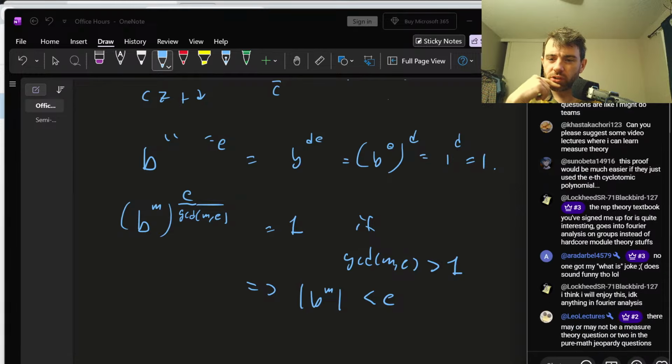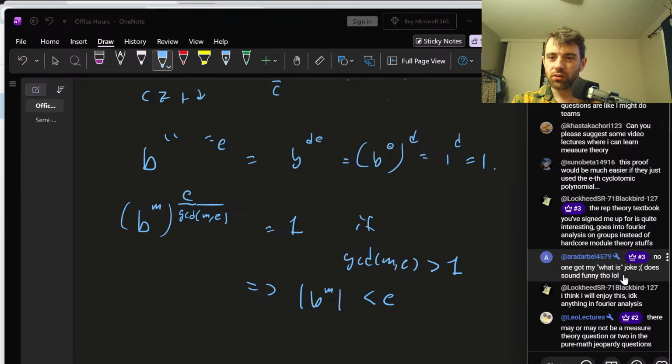The representation theory textbook I've signed you up for is quite interesting. Wait, which one did I tell you to look at? It goes into Fourier analysis on groups, instead of hardcore module theory stuff. I forget which book I told you. No one got your "what is" joke?